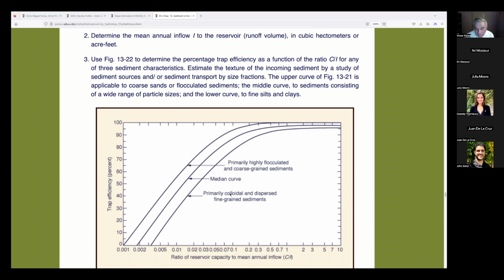But if it's fine-grained sediments on the order of less than 0.1 millimeters, say 0.07, 0.05 millimeters, that would be fine. And median is in the middle. That's as easy as that. So the type of sediment will determine whether we use the top curve for coarse and the bottom for fine-grained. If we're not sure and we're in the middle, then we use the median curve. Okay?